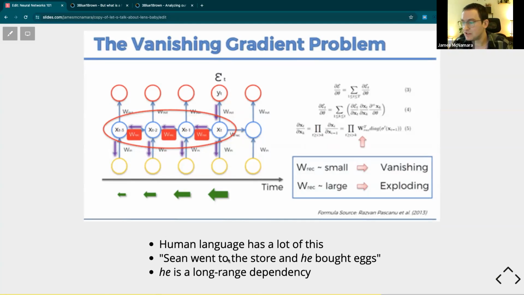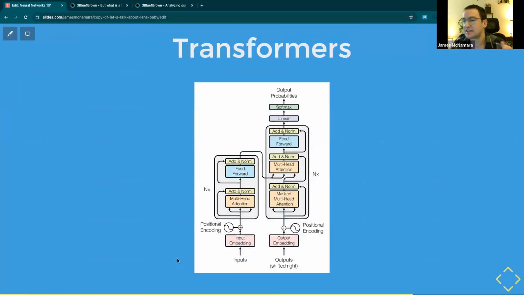If I said, Sean went to the store and blank, he depends, predicting the word he means I have to go all the way back to Sean, and then I have to have some concept about what Sean means and what word would follow from that. Most of the approaches that we previously had did not handle this well at all, because you would inevitably get a linear drop off as you were moving through the text to each word depending less and less and less.